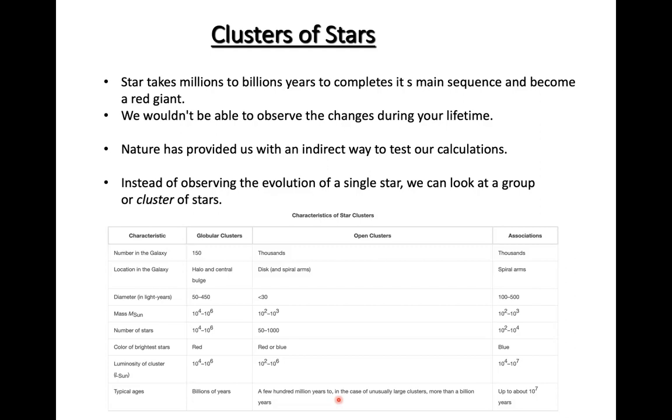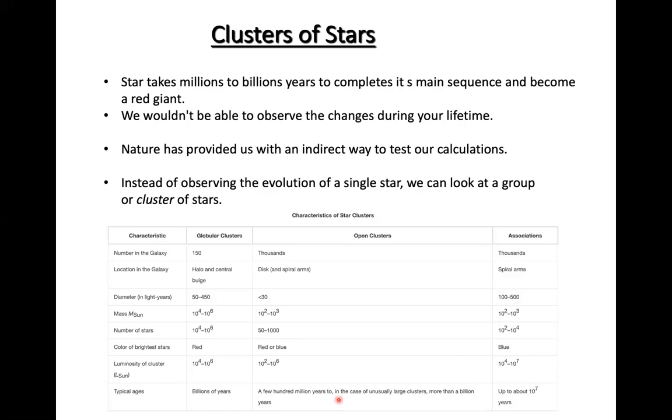Globular clusters are relatively old, and they are huge or large in terms of their size, and they are normally located in a halo and central bulge region in a galaxy, whereas you have open clusters most of the time located in the disk of the galaxy, and spiral arms if you have a spiral galaxy. And also one of the important properties of a globular cluster is that globular clusters are very old compared to open clusters, right?